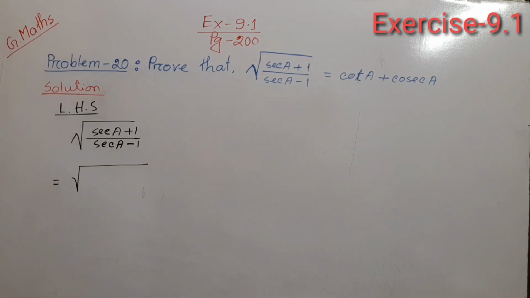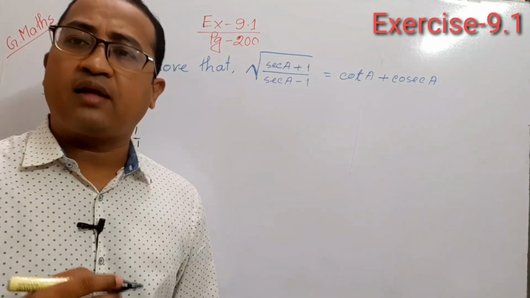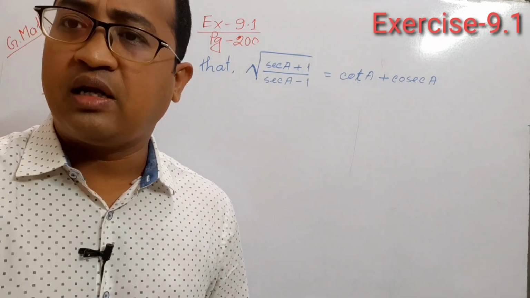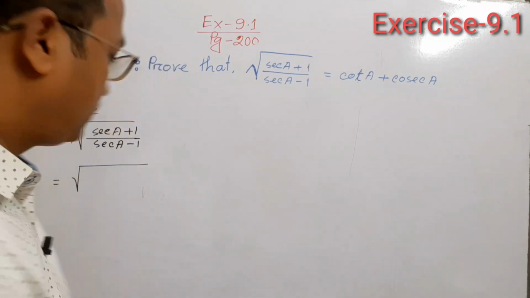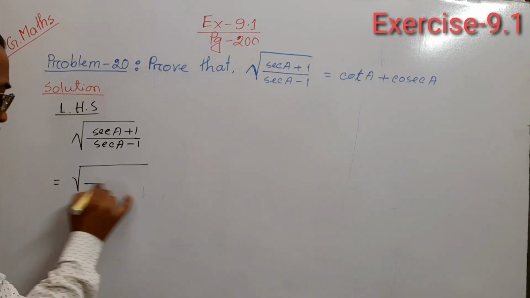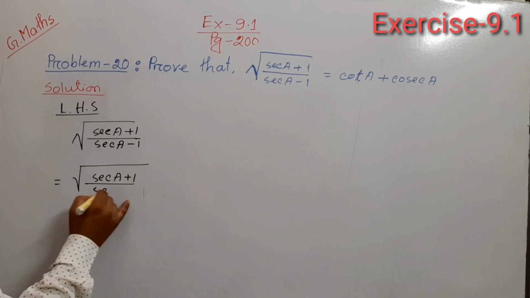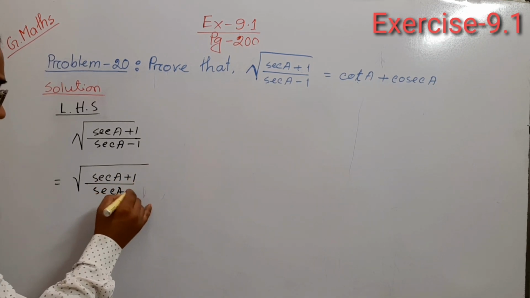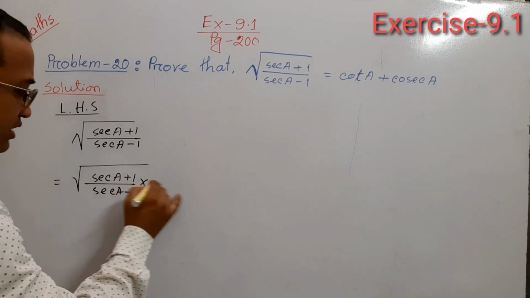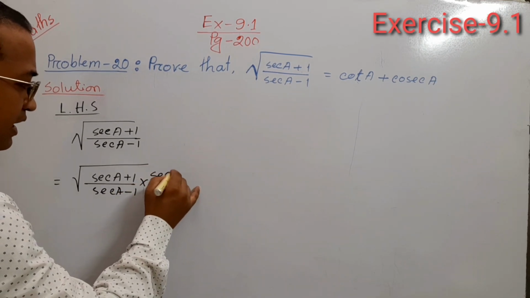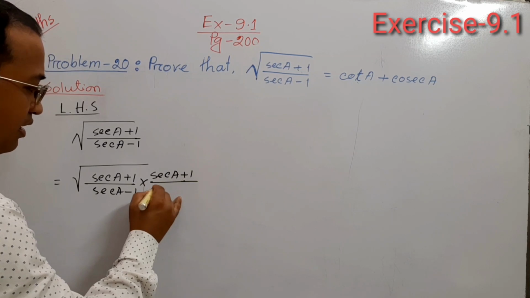if you want to remove the root, you should take a square over there, or you should make the term a square term. So for that reason we will multiply both the numerator and the denominator by the same term, that is sec A plus 1.